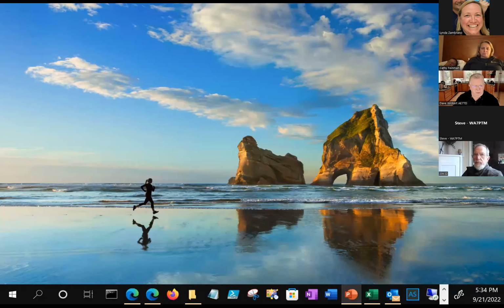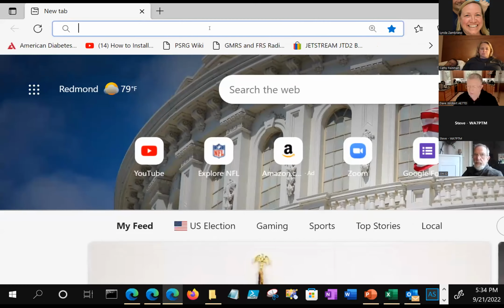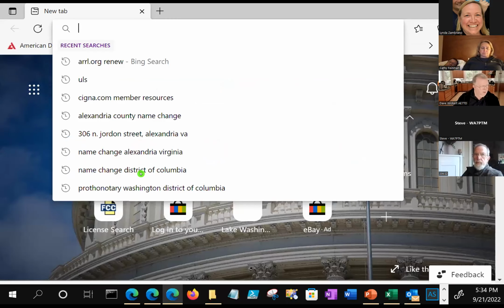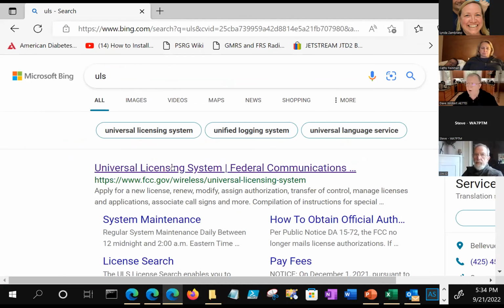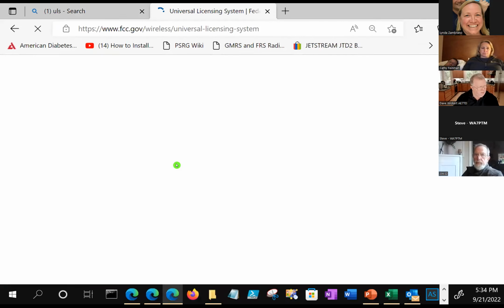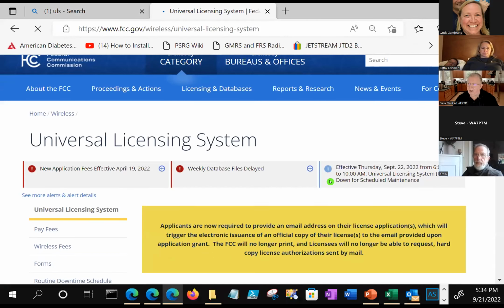So let me just show you, I just wanted to show one other thing here. So here you can type ULS, and it always comes up as a first hit on Google. And here's that same page that we talked about.